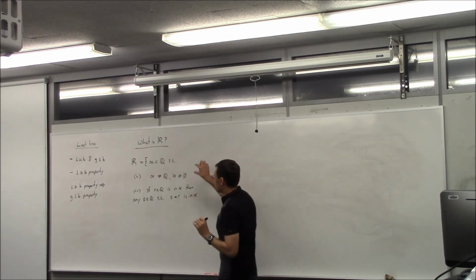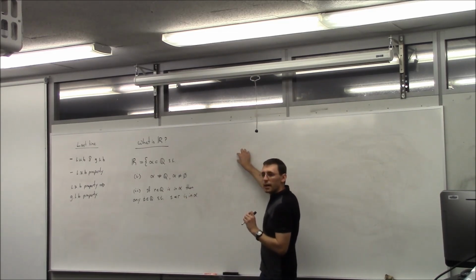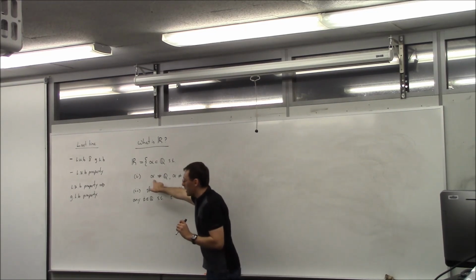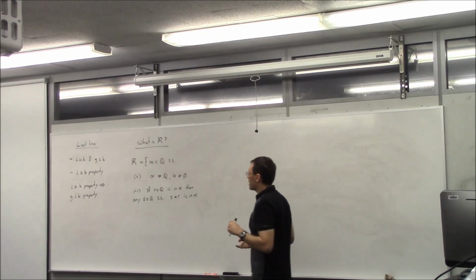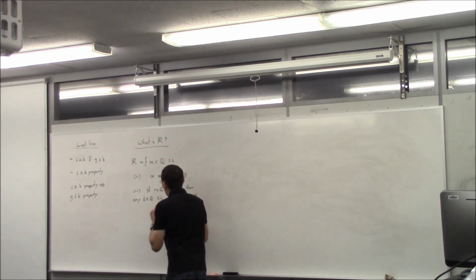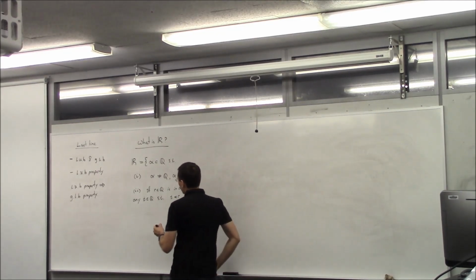Okay? In other words, if you contain some rational number in this subset alpha, all the other rational numbers are going to be smaller. All the rational numbers that are smaller than this one are inside.